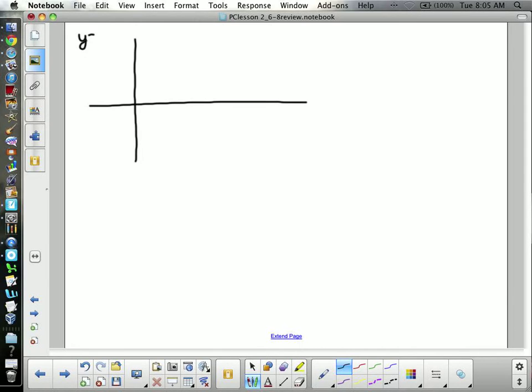Let's start with y equals secant x. Secant is the reciprocal of which graph? Cosine. So I'm going to start by doing my cosine graph just dashed in. Where this is 2 pi, pi, pi over 2, 3 pi over 2.